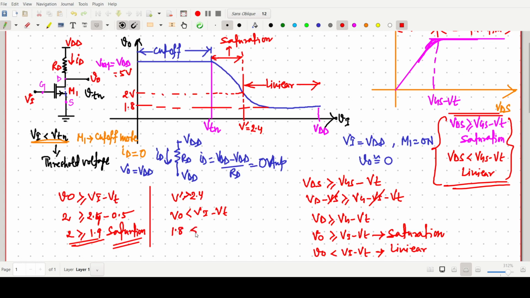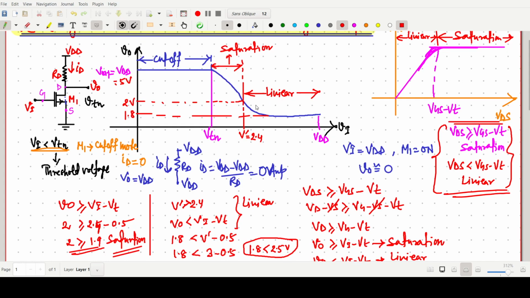Then the Vi value, that is our V dash, increased to 3, minus the Vt value of 0.5, gives 2.5 volt. So 1.8 volt is less than 2.5 volt, so it is correct. This is the case where it is in the linear region.